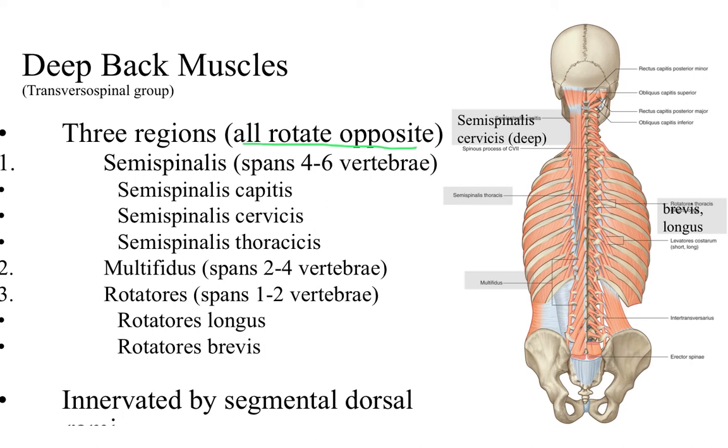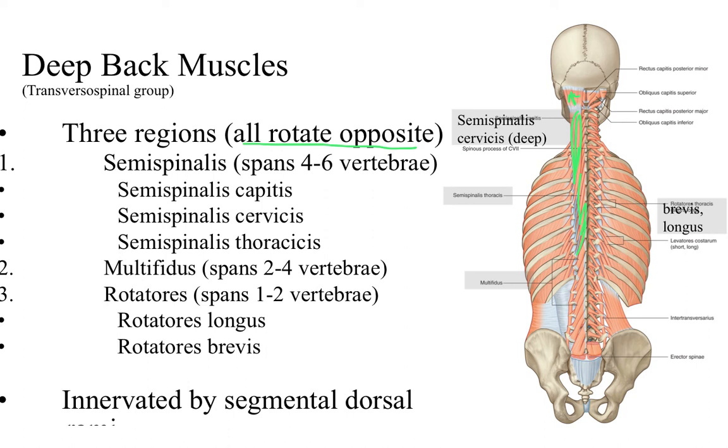So we have the semispinalis, which is divided into three subregions: the semispinalis capitis right here, the semispinalis cervicis right here, and the semispinalis thoracis. Notice that they are named according to where they are located on the vertebral column.